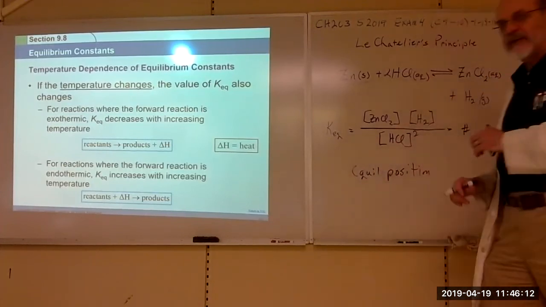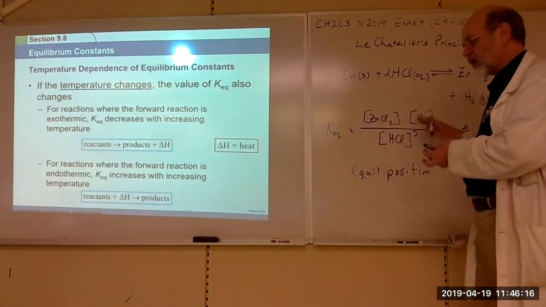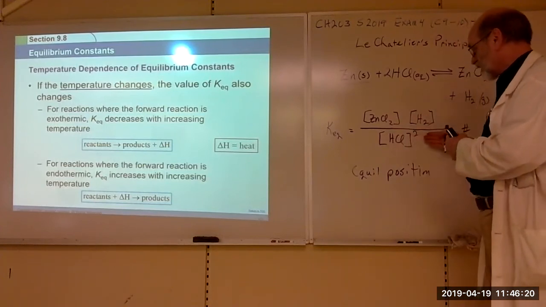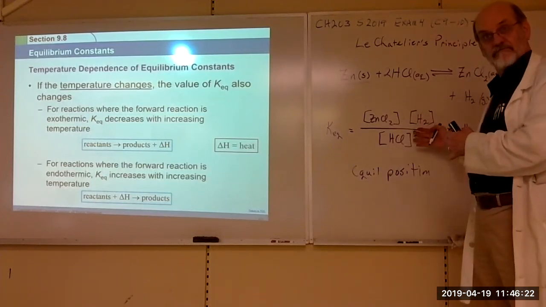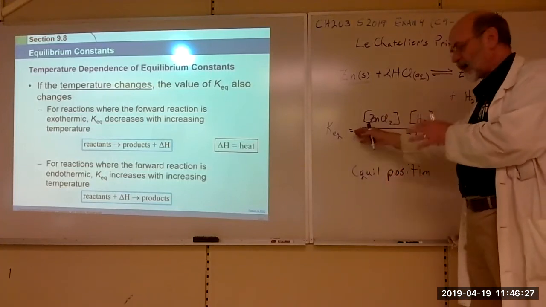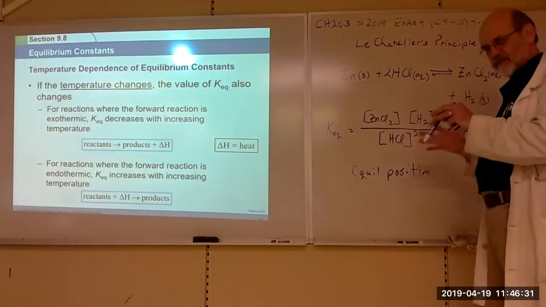There's a difference between equilibrium constant and equilibrium position. Since the ratio is always constant, you can change this amount as long as this amount keeps up with it, to make that constant. So the position and the constant are two different things, related but different.